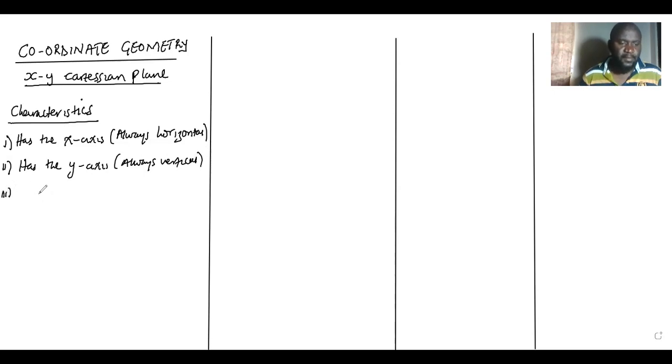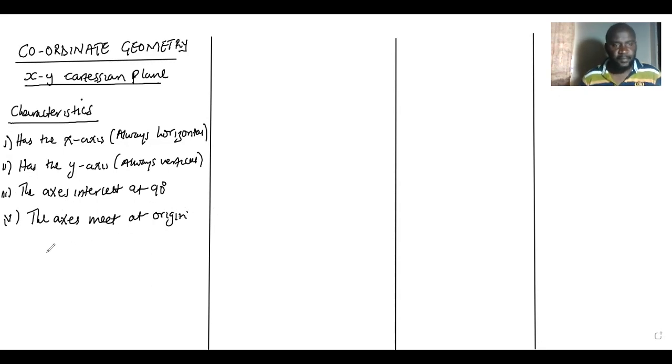Three, the axes intersect at 90 degrees. That means they are perpendicular to each other. Another characteristic of this Cartesian plane is the axes meet at the origin. So those are the characteristics of the XY plane.